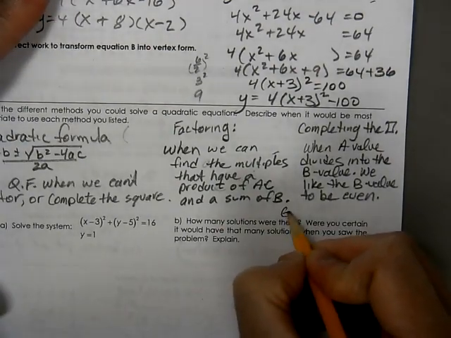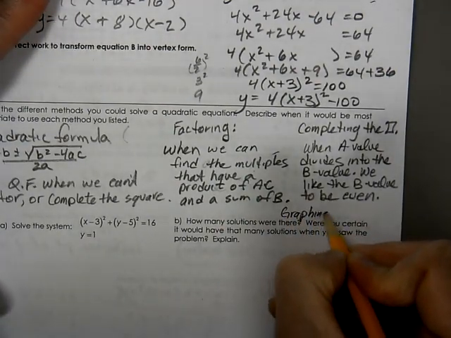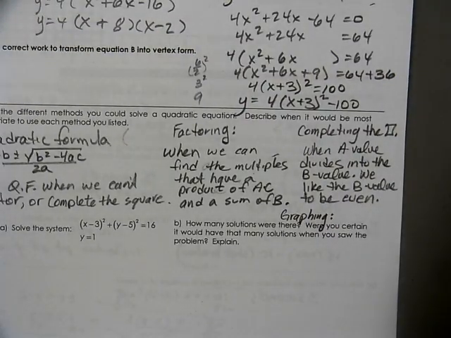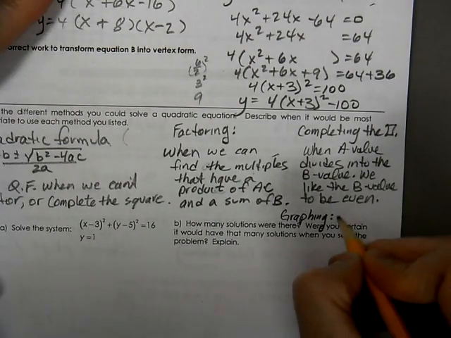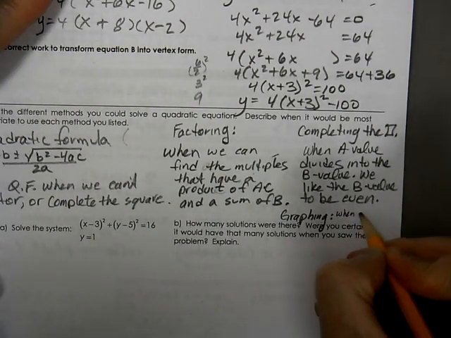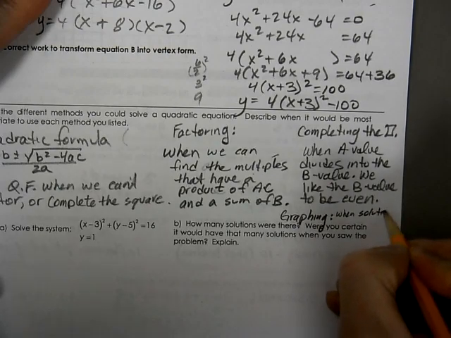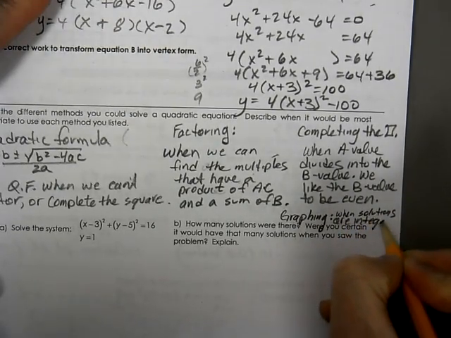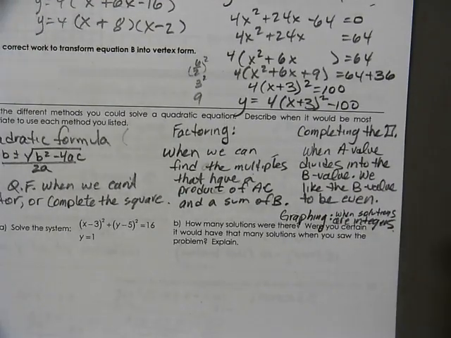You can also do graphing. And we can use graphing when the solution is going to be integers. So I've got 4, but definitely these top 3. That's the way that we would solve a quadratic.